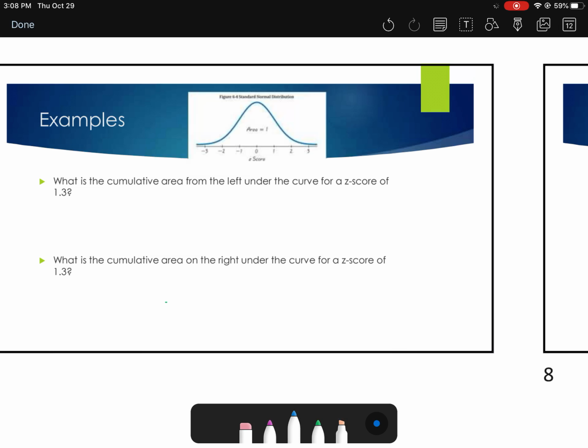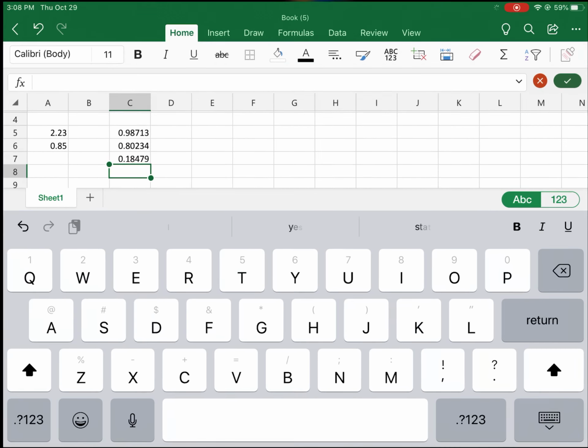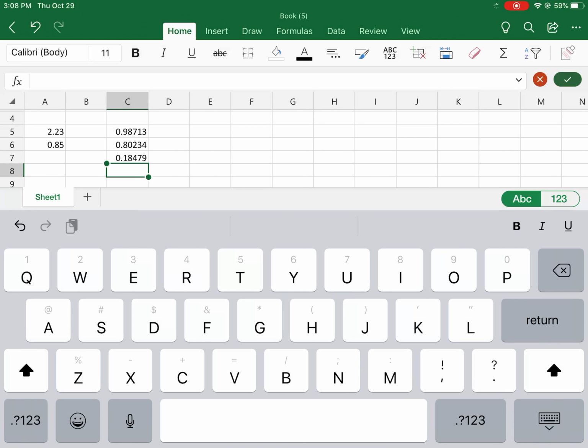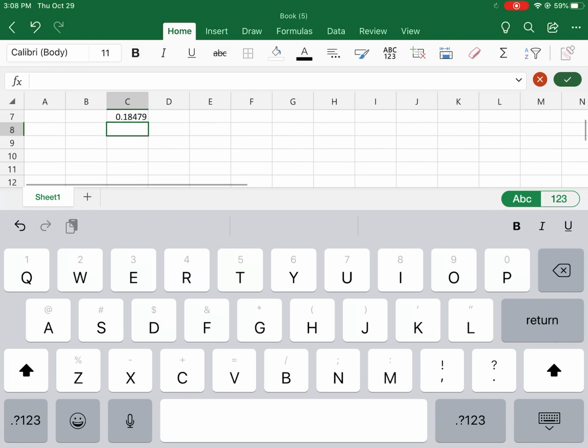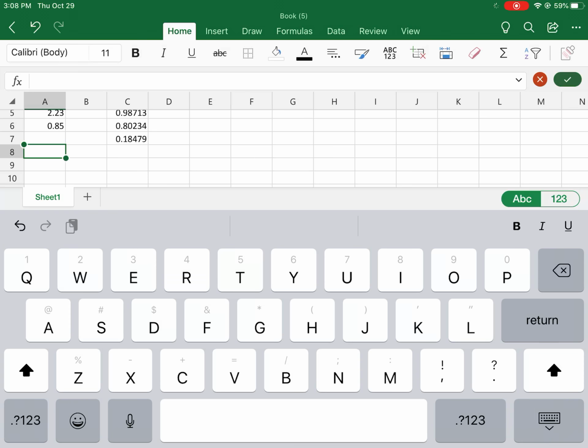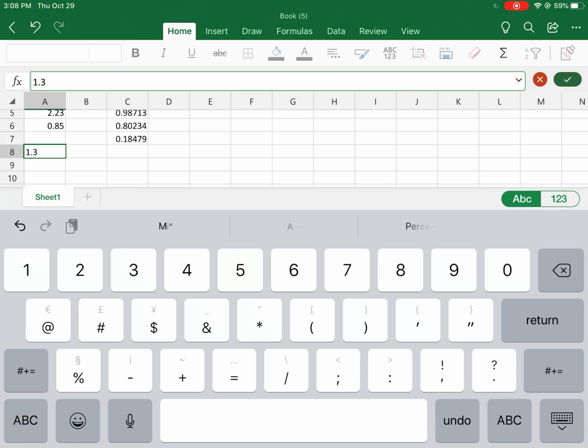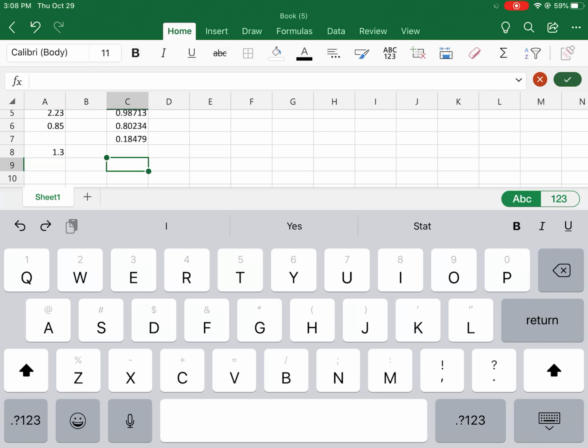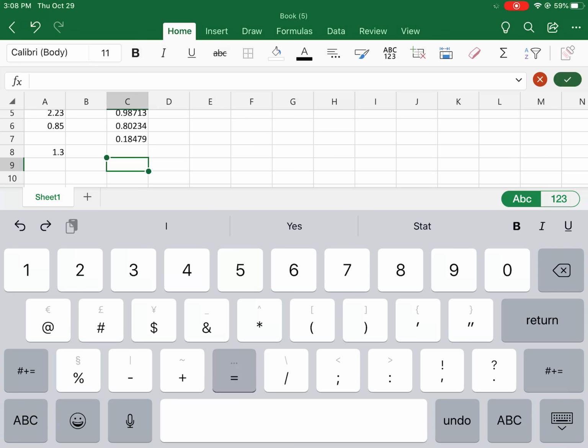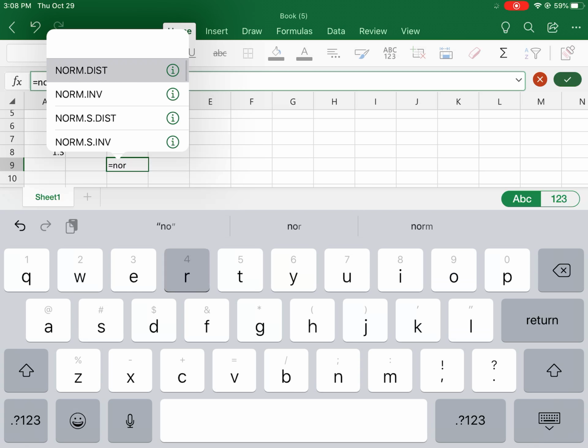Welcome back. Okay, so let's see how we did. What is the cumulative area from the left under the curve for a z-score of 1.3? Well, it says the area from the left, so that means P has got to be less than 1.3. Let's go into our Excel. So I have 1.3, enter. Let's find that.